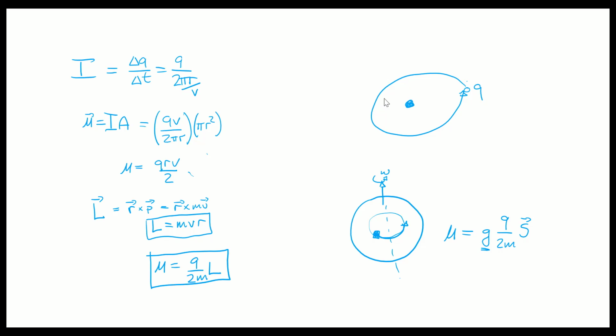Again, you have to do the details of all the integrals to get what we would expect that to be. But the point is, for a given spinning ball of charge, we would expect the spinning part to have a magnetic moment associated with that spin angular momentum.